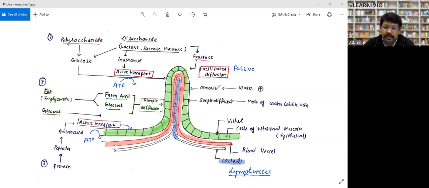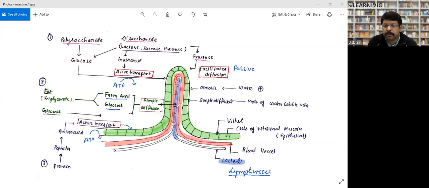Fourth, water is absorbed by osmosis, meaning no energy is required. Most water soluble vitamins are absorbed by simple diffusion, right? And fat is absorbed by the lacteal. That's how the absorption of nutrients takes place in the villi of the small intestine.